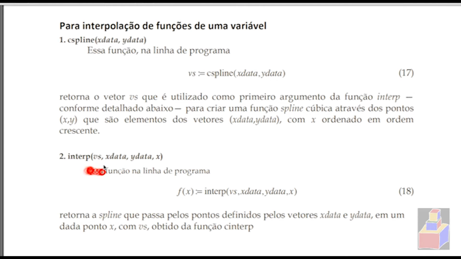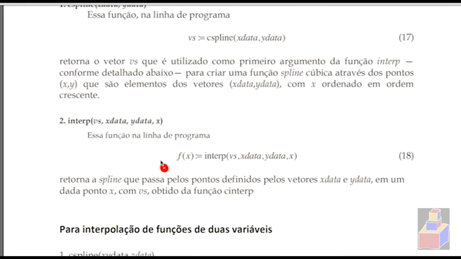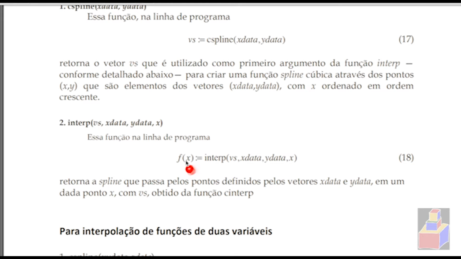And this is the value of the function at the point X. So you can make a continuous function, with first and second derivatives that are continuous at the interior points. This function can be written in this statement here, interp of VS, which is calculated previously from data. We have to reinsert X and Y data here and calculate that interpolated value at X.